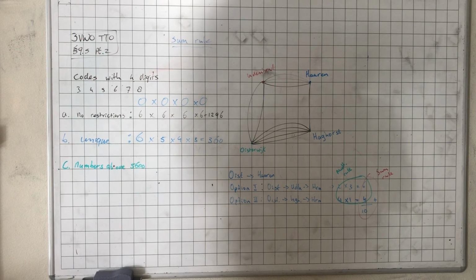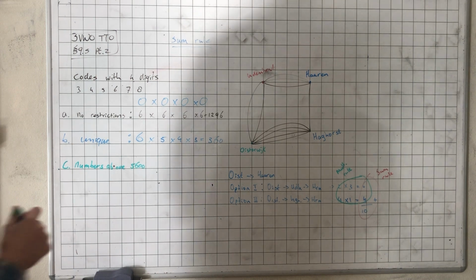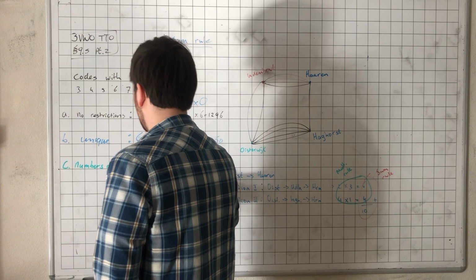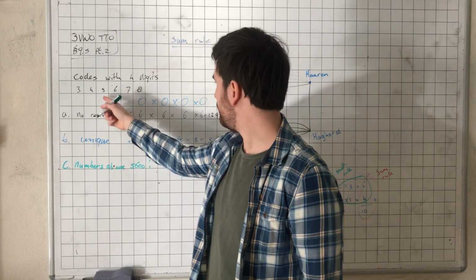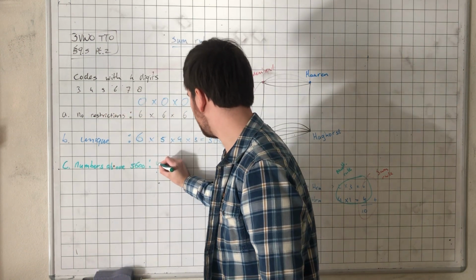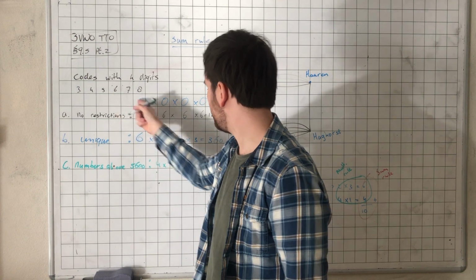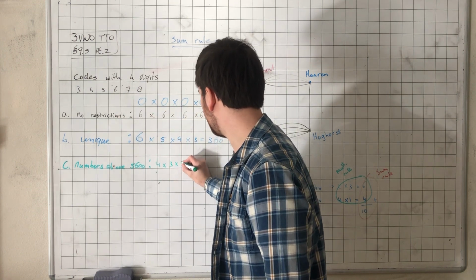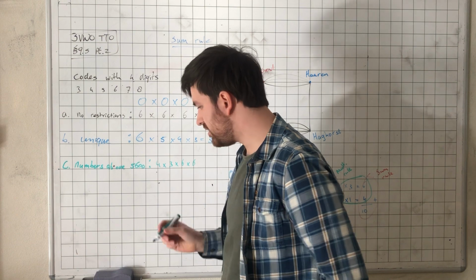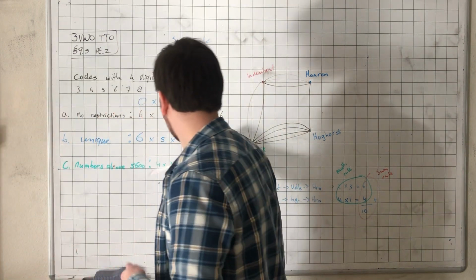And at first this might seem easy because some of you probably want to do this: we're going to have 1, 2, 3, 4 options for the first number, and then 3 for the second one, and then for the other 2 it doesn't matter. But this is actually wrong.